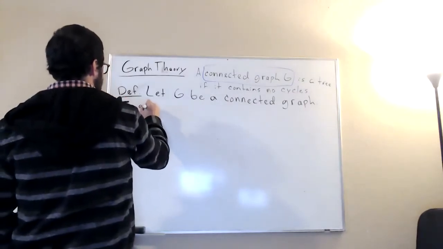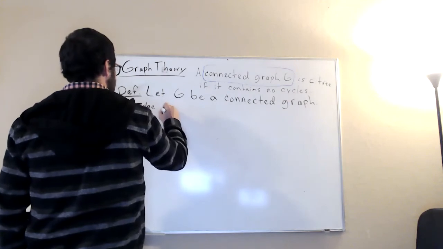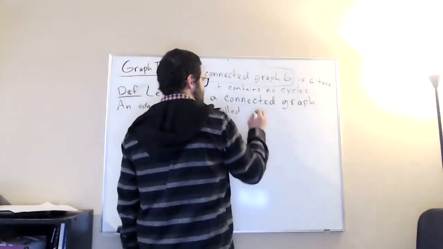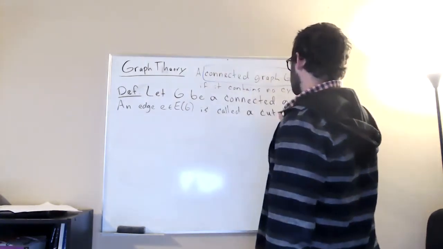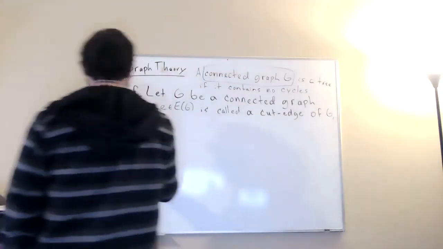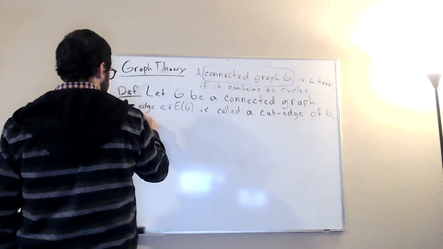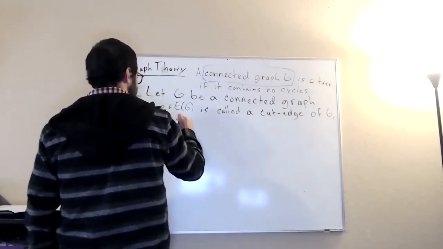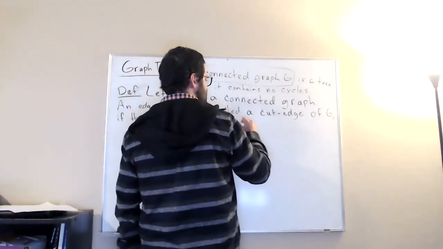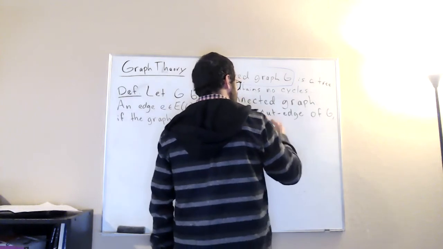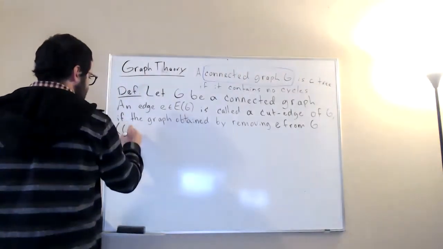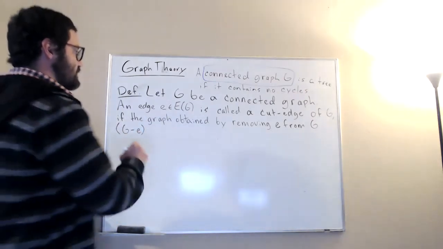An edge E is called a cut edge of G if the graph obtained by removing E from G, and this is typically denoted by G minus E, is disconnected.